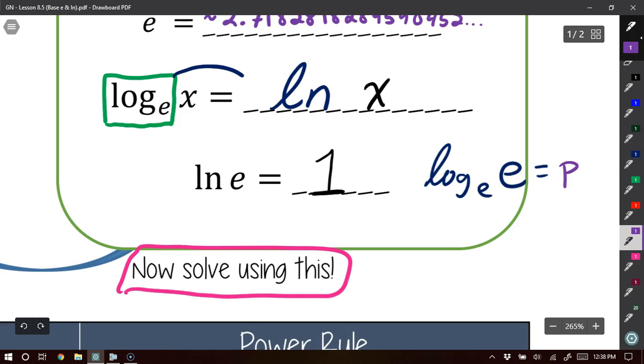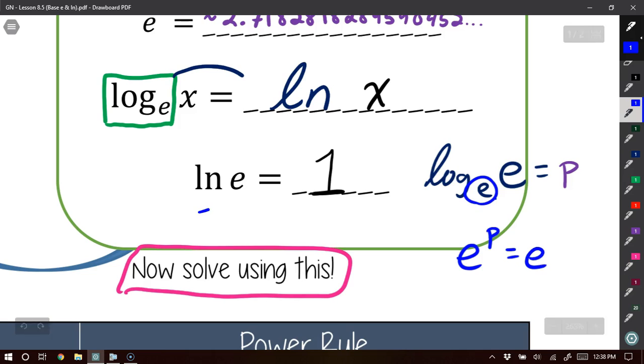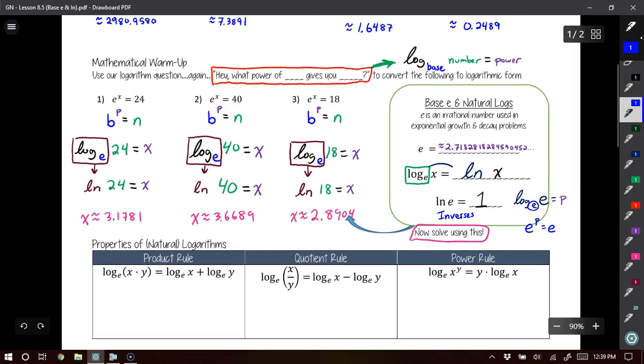So let's ask our question. What power of e gives me e? It's 1. You just need to realize this tells you ln and e are inverses of each other. That is the property of natural log and e, they're inverses.